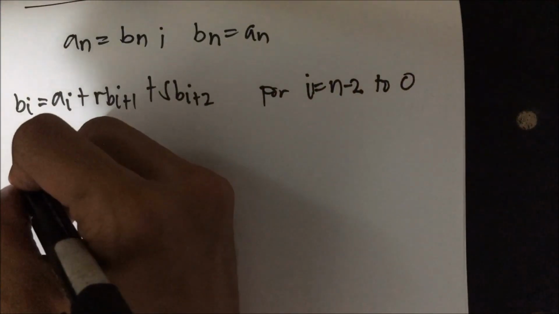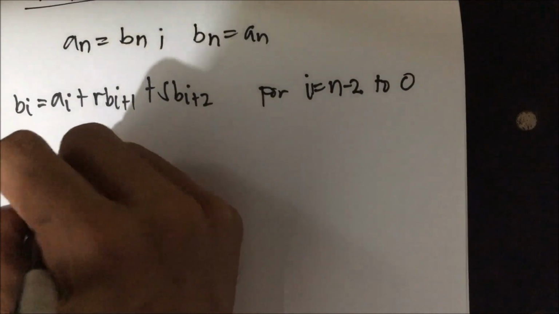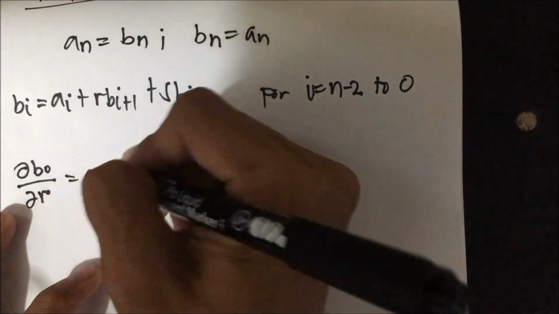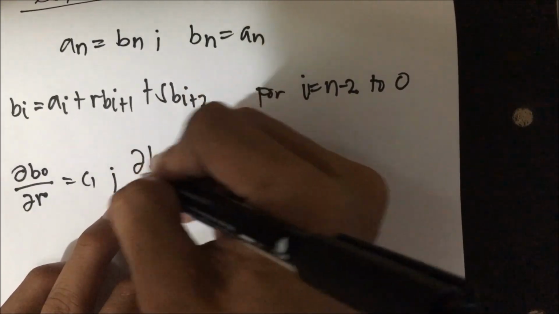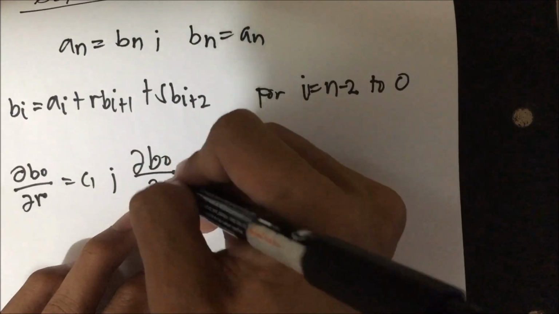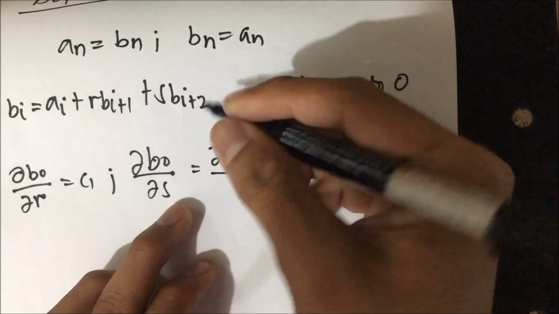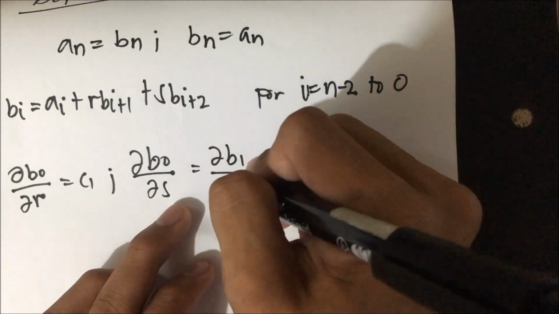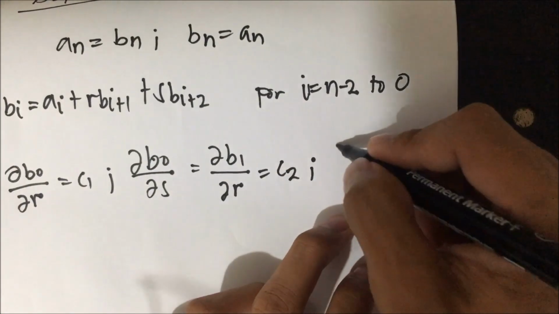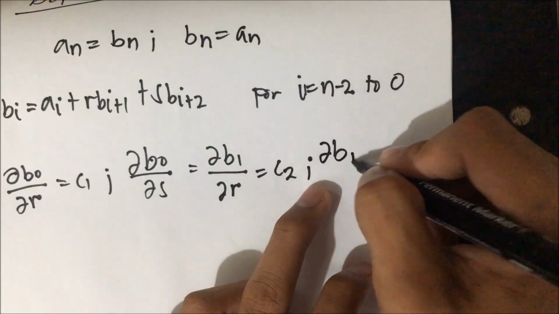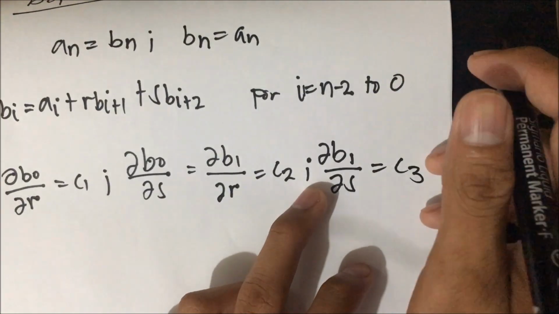Where partial derivative of b sub 0 over partial derivative of r is equals to c1, and partial derivative of b sub 0 over partial derivative of s is equals to partial derivative of b sub 1 over partial derivative of r is equals to c sub 2 natin. Tapos, partial derivative of b sub 1 over partial derivative of s is c3 natin.